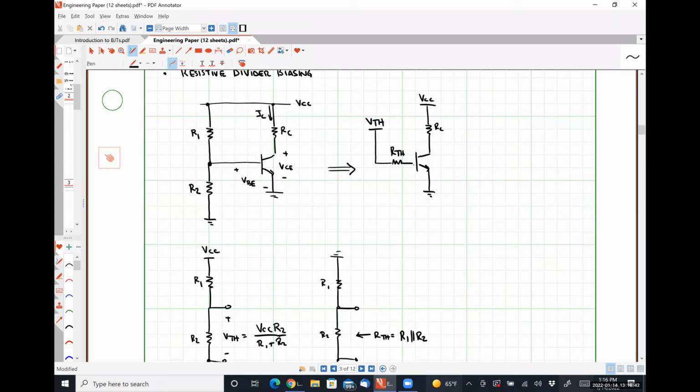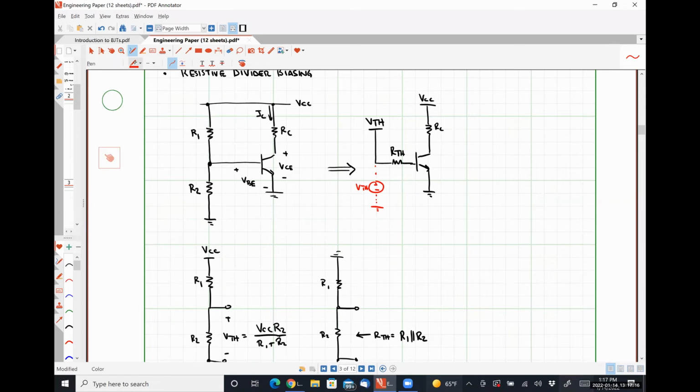Which looks very similar to our simple biasing network. Right, where VTH just means I have a voltage source VTH with respect to ground. That's just shorthand notation, just so you're clear what's going on. Okay.